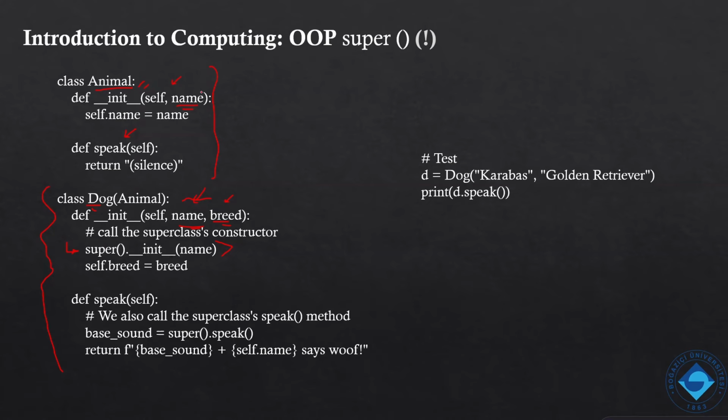Just think, for example, if my superclass animal has maybe 1 million different attributes, name, surname, city, age, and so on.